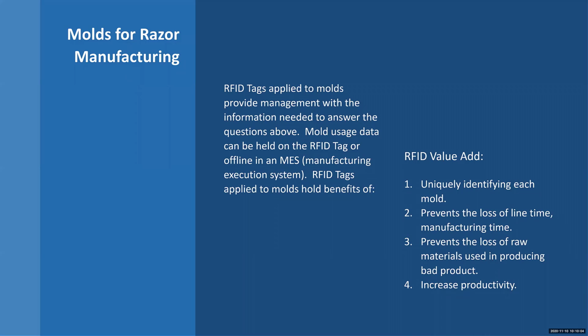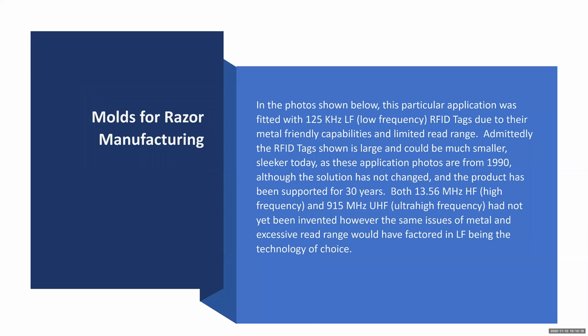In this particular process, it was identified X number of times before that mold needed to be pulled off and go to maintenance. Again, this was 125 kilohertz that was utilized based on the time that it was implemented. So today, we might look at using UHF, but it hadn't been commercialized at that time.